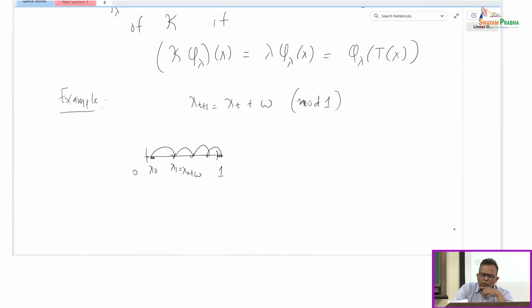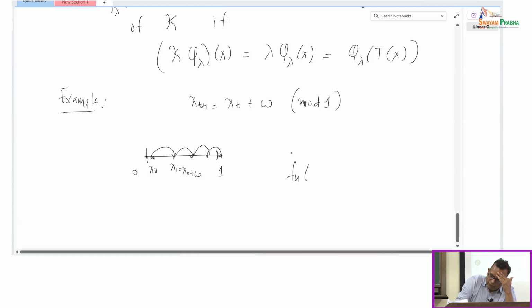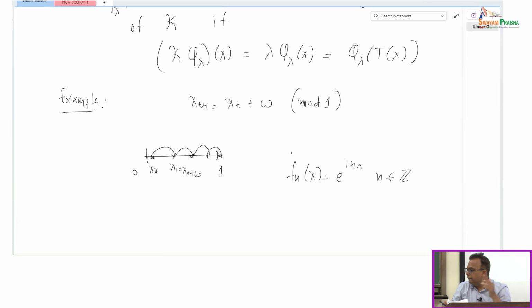Okay. Now, if I want to describe this using Koopman, let's pick Fourier basis functions. We take these functions f_n of x equals e to the i n x, where n belongs to the integers.